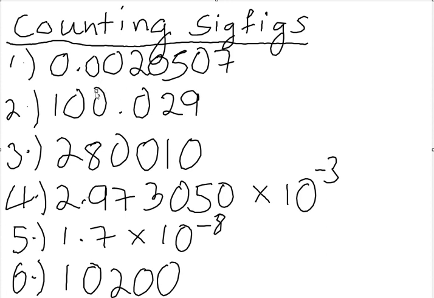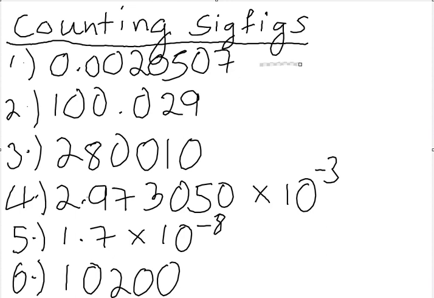So these numbers, think of them as measurements such as 0.00205007 meters or kilometers or seconds or whatever. Now, if these were measurements and we had to count the significant figures, how many significant figures do we have here? So let's look at each one of these six.